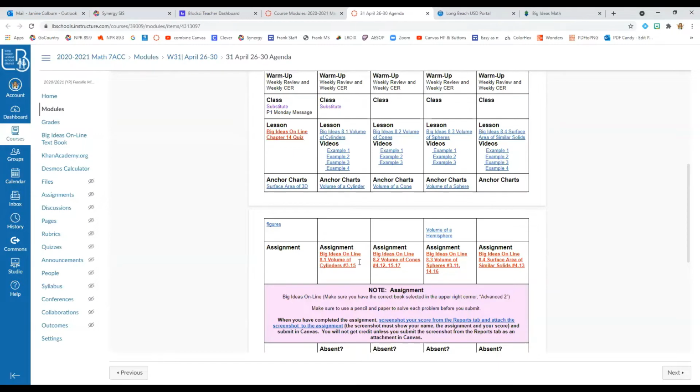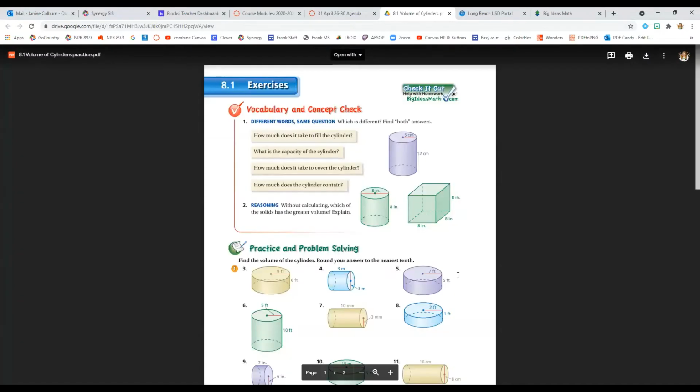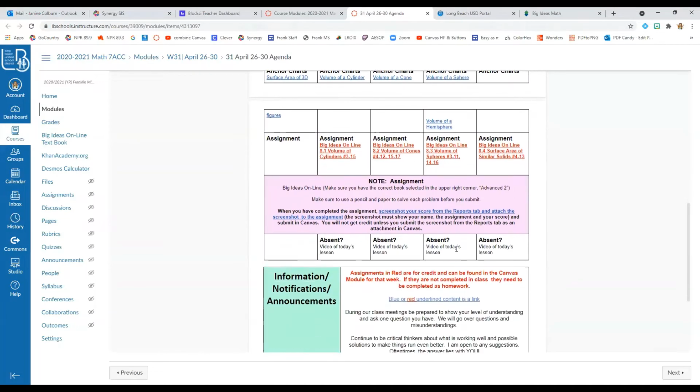And then the book pages for your assignment are also linked. And the video for today's lesson is right here under absent. Okay, so let's go ahead and get started.